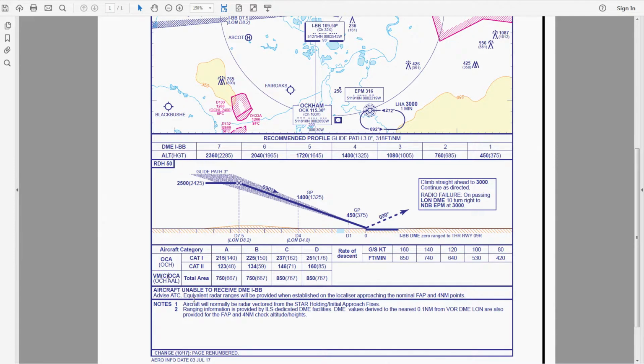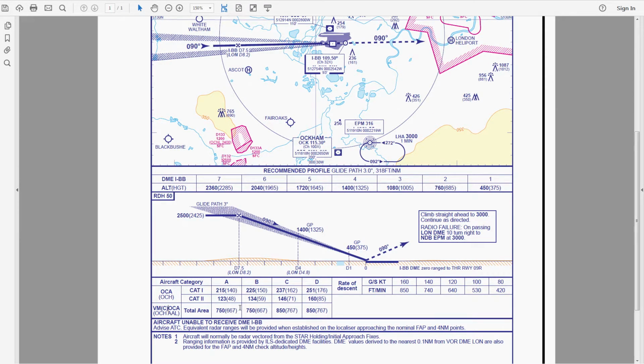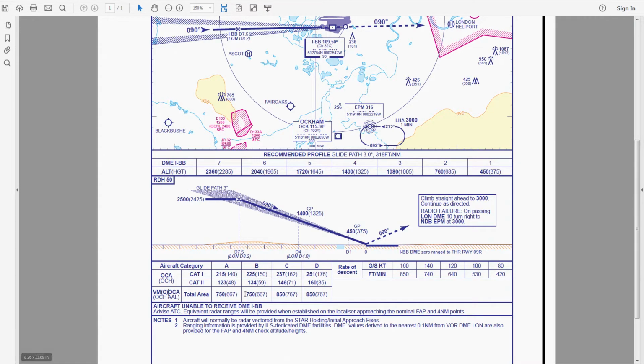This VMC is for visual approaches. We are not going to worry about that quite just yet either. When we do get to it, I will explain what this is in far more detail, and then we'll be able to look at that. So don't worry about these just yet. Obviously, the obstacle clearance is important, but don't worry about it too much, especially this one here.